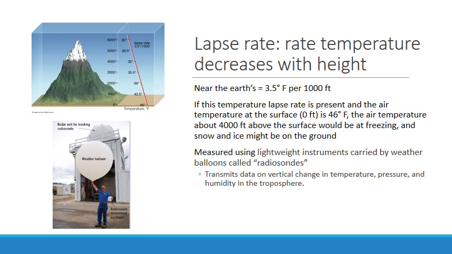To determine the actual environmental lapse rate, weather balloons called radiosondes carry instruments aloft which transmit the data by radio wave back to weather stations that are equipped with radar units. These instruments permit meteorologists to make vertical measurements, which are called soundings, of temperature, pressure, and humidity in the troposphere.